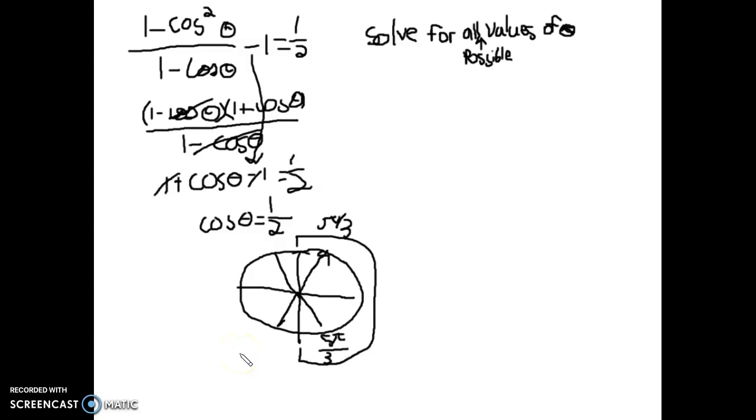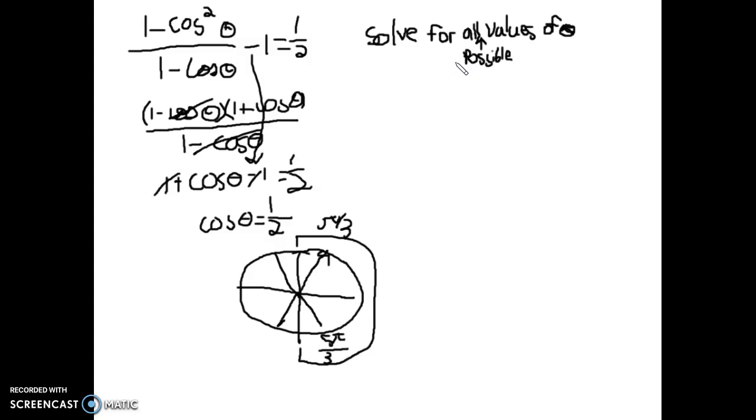And so now what we have found is both solutions that would satisfy this equation. But what we're really trying to find is all possible values of theta, not just pi over 3, not just 5 pi over 3, but all possible ones.